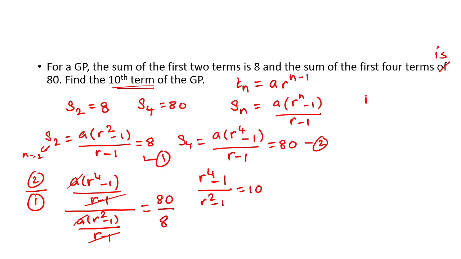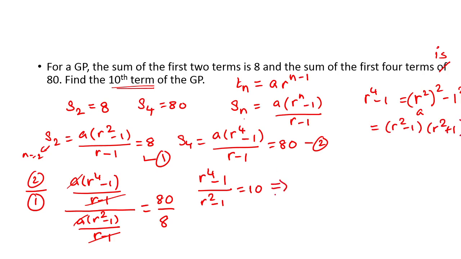Recall that r raised to 4 minus 1 can always be looked at as r square squared minus 1. So look at this r square as some a, and this 1 can be looked at as 1 square. So this is like a square minus b square. A square minus b square is a minus b into a plus b. So this can be written as r square minus 1 into r square plus 1.